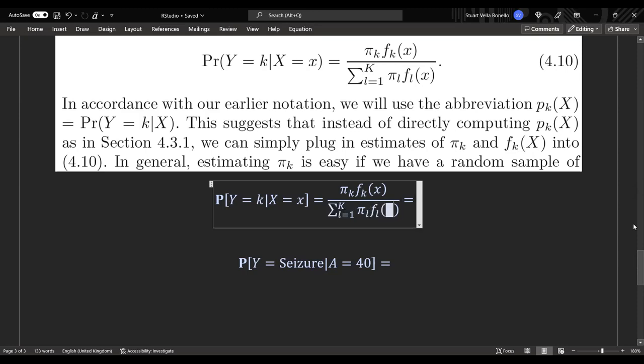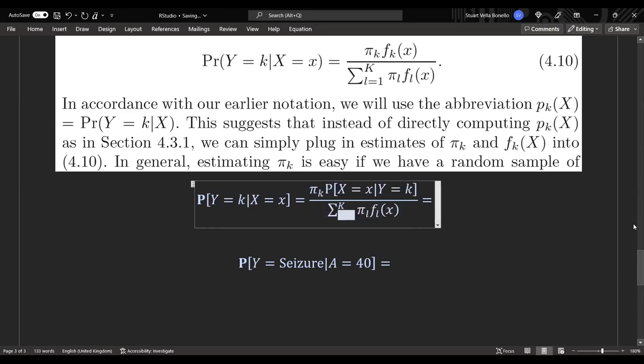So let's see. Like this, we're hardly going to understand much. What was this? This represents the probability, and I'll just copy it from the book if necessary. The probability that X is equal to x given that Y is equal to k. That's what we're saying, right?